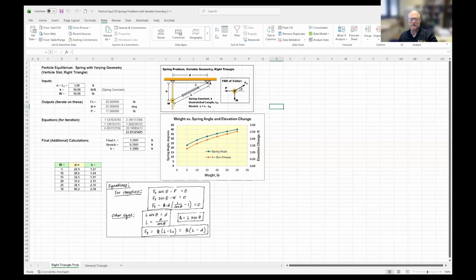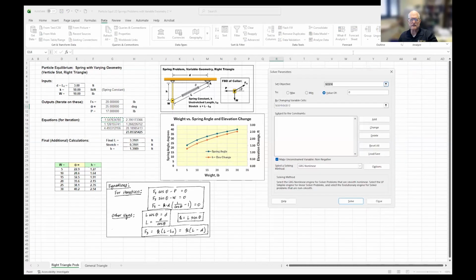So when I pull up Solver, our objective is this cell right here. We're going to tell Solver to set that equal to 0, or drive it to 0 as close as it can, by changing, and this is what Solver is really good at, a range of values. If I select these three cells, then Solver will iterate on all three to drive this number to 0 or close to it.